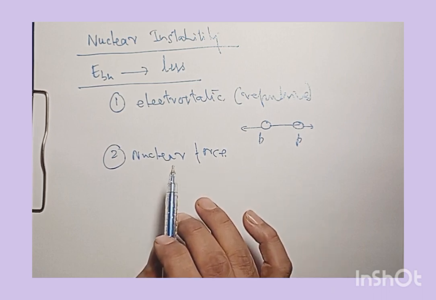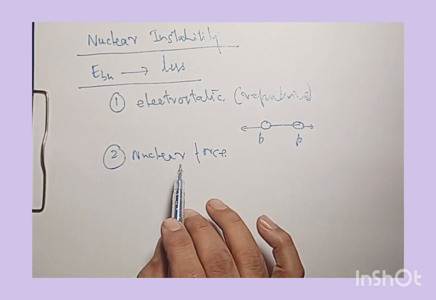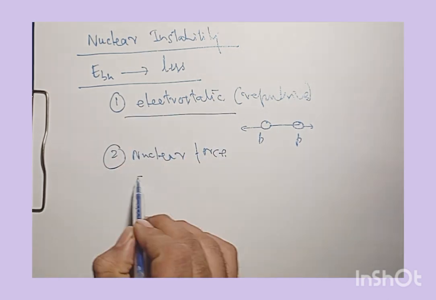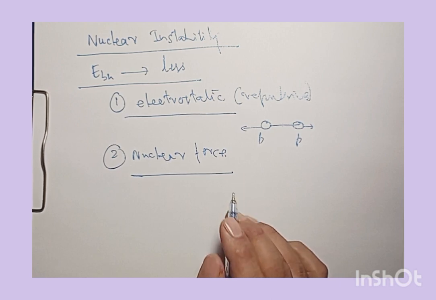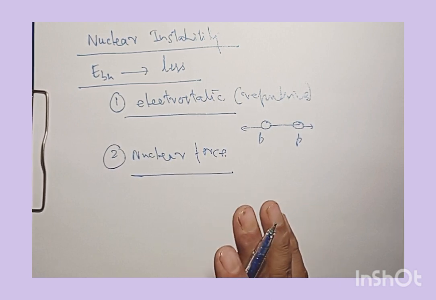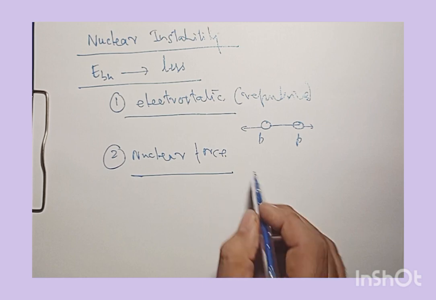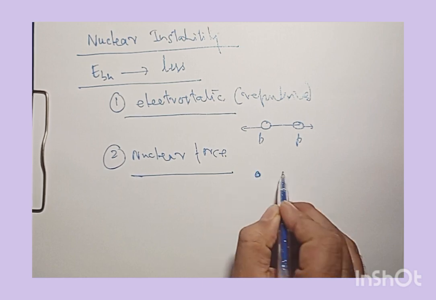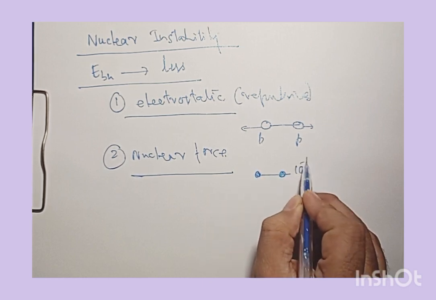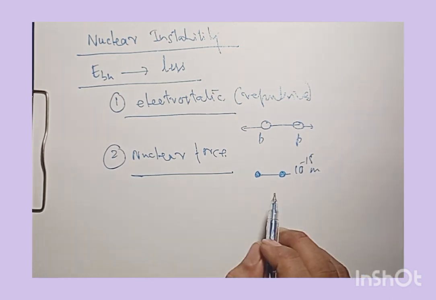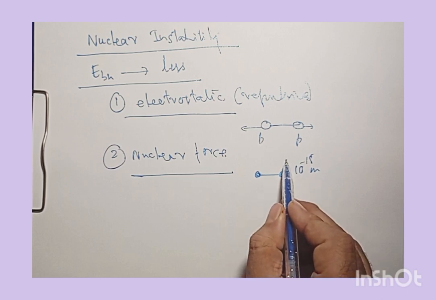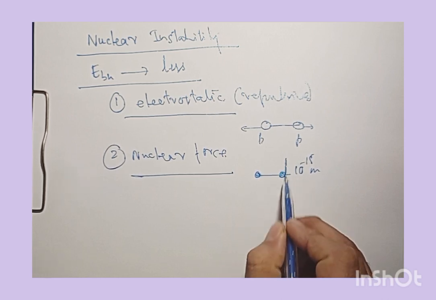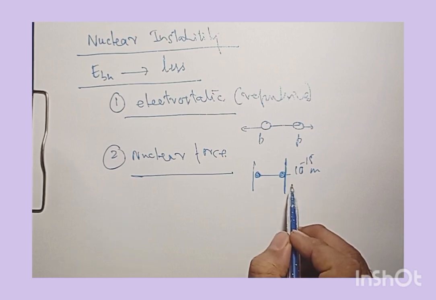So till now, what we say is that we have electrostatic force and we have nuclear force. Now, the nuclear force is a short range force. We know that it is effective only if the nucleons are at a separation of 10 to the power of minus 15 meters. Only then is this force effective, and it is practically zero as it crosses 10 to the power of minus 15 meters.